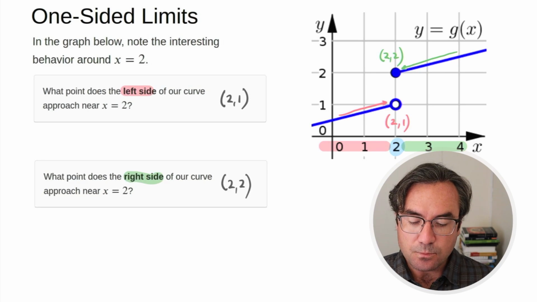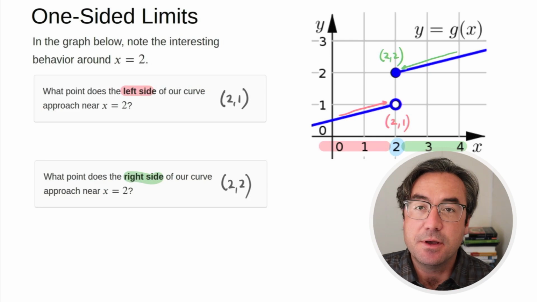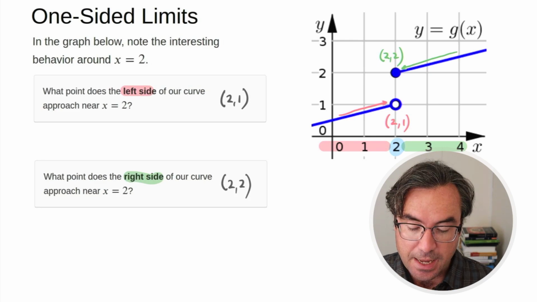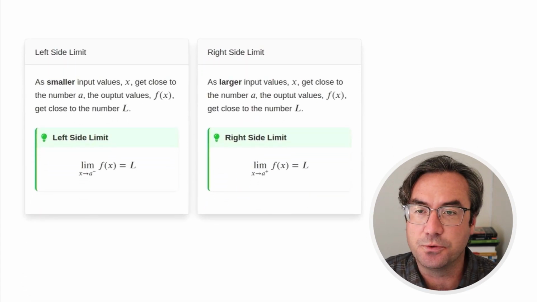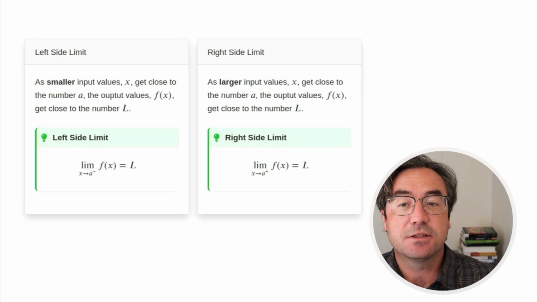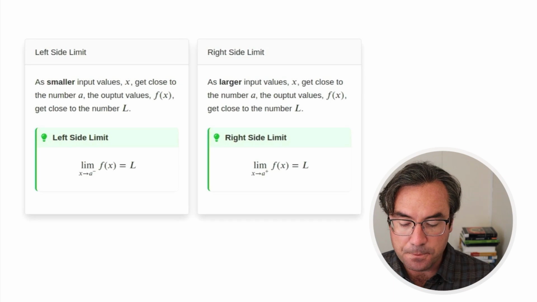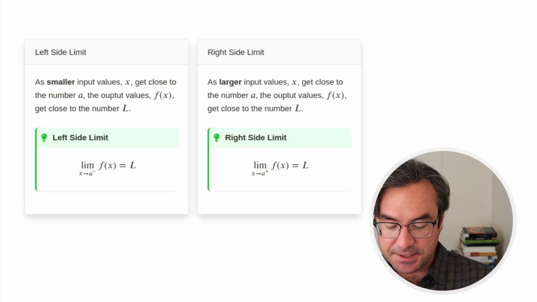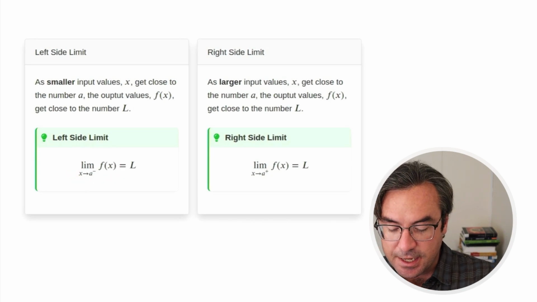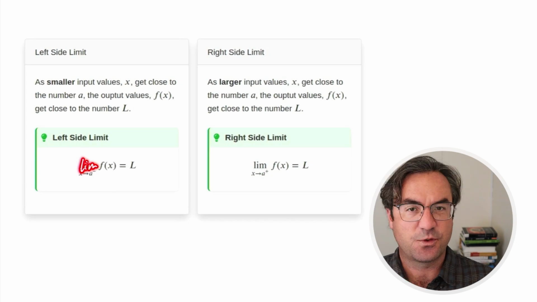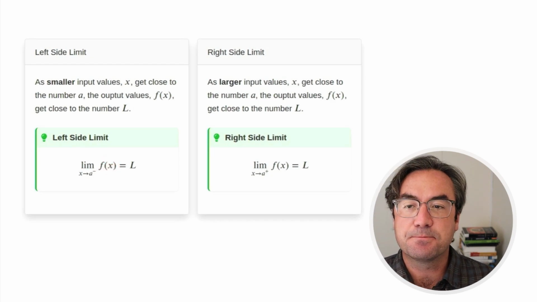And we want to be able to mathematically describe this behavior. The terminology, the notation that we're going to use is left side limits and right side limits. So for our left side limit, the notation is LIM for limit, and then we have our function, f of x.